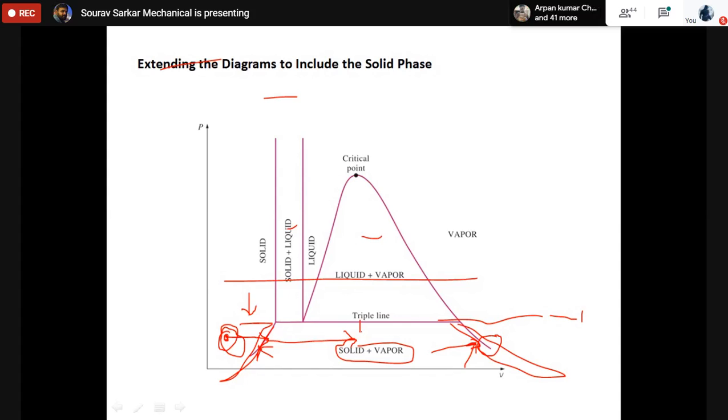Ice is never going to convert into vapor at 1 atmosphere, because 1 atmosphere is above the pressure level where the three phases can exist. But if you go down to a certain low pressure, there will be sublimation. There is a pressure where ice can convert into vapor, but that pressure is very low. For camphor or naphthalene, the whole solid converts into vapor at atmospheric pressure itself.